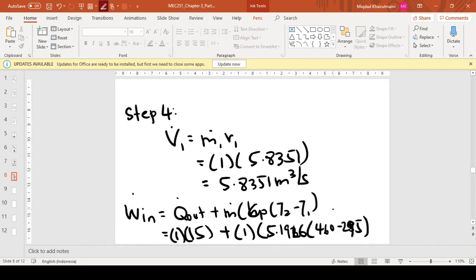The work in will be 460 minus 295 times 5.1926, times 1, and then we add 15 times 1. So we get 872 kilowatts. This is the answer, so this is for this question.